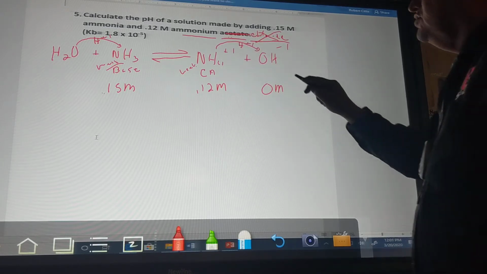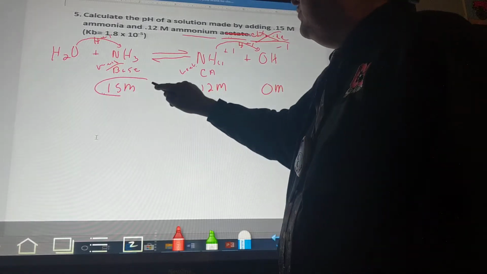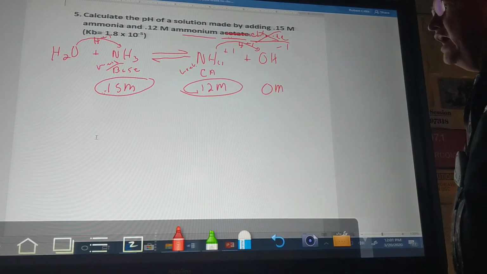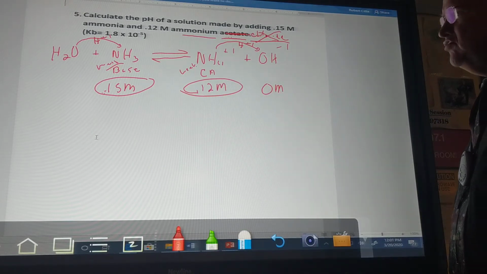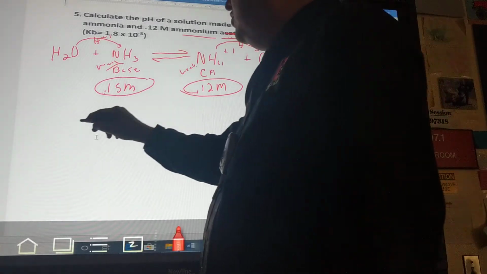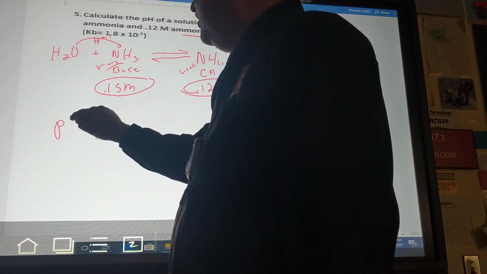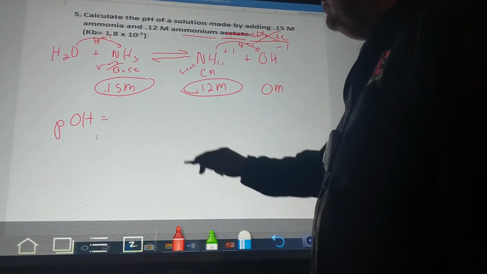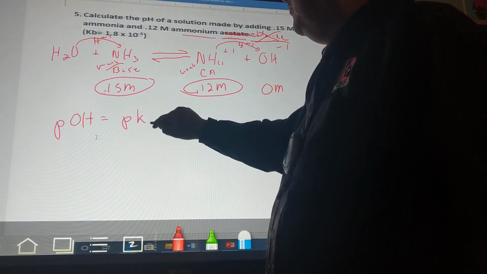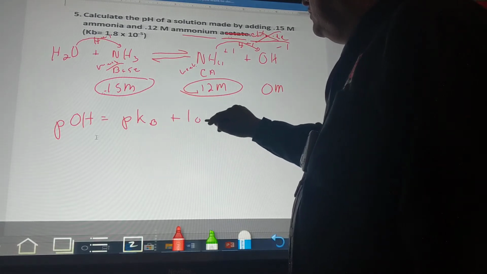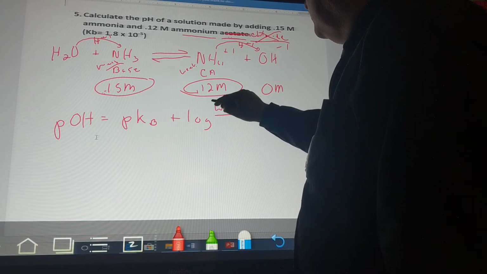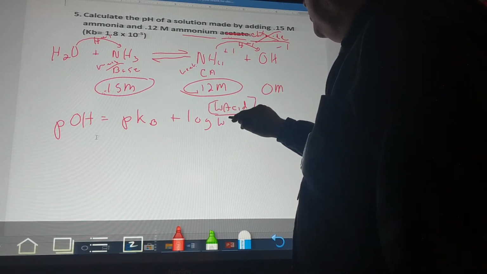Now the biggest thing is when you get to a problem and you see that you have a weak base and you have a weak acid, that's Henderson-Hasselbalch. So this time I'm going to pull out the base version of Henderson-Hasselbalch, where everything's in opposite world. pOH equals the pKb, and now on top is the concentration of your weak acid, and your weak base is on the bottom.